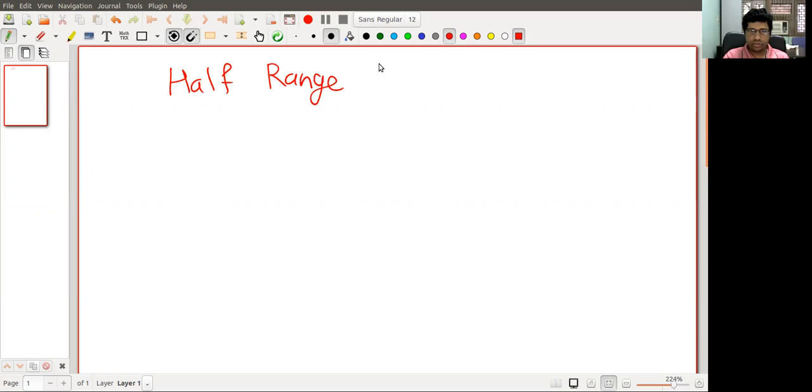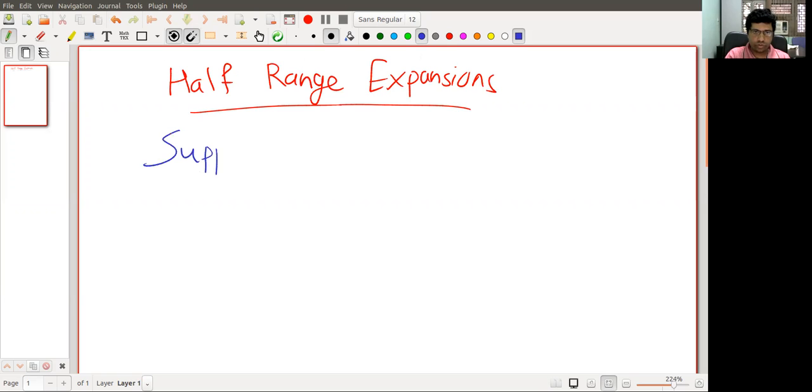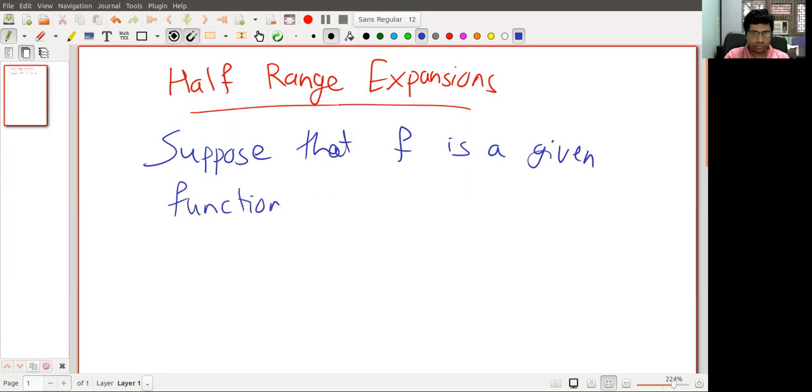Half range expansions. Suppose that f is a given function defined on an interval.